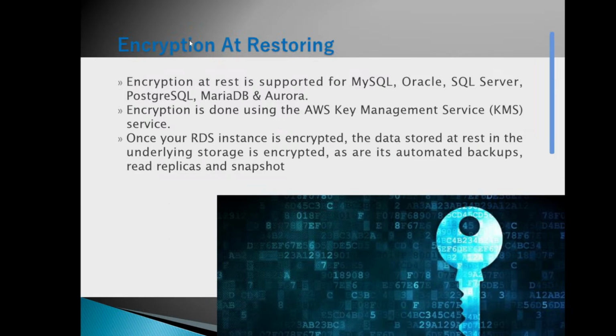Once your RDS instance is encrypted, the data stored at rest, meaning the data stored inside your RDS instance, is encrypted, as well as the backups which you are taking, the read replica, and the snapshot. So everything will be encrypted end to end.